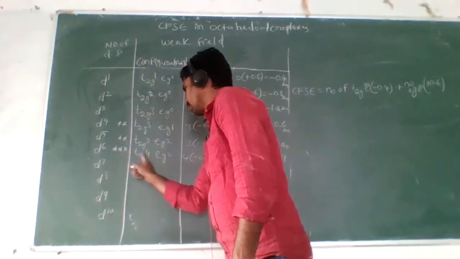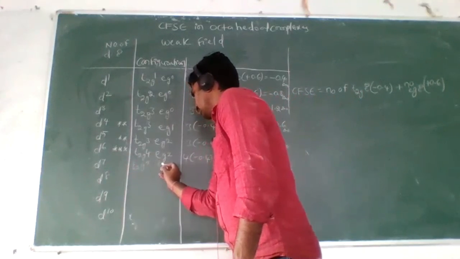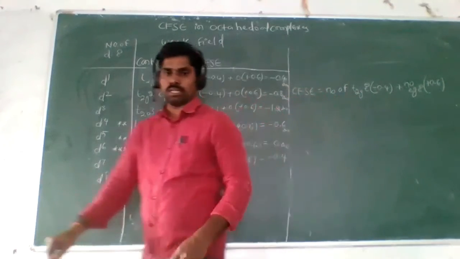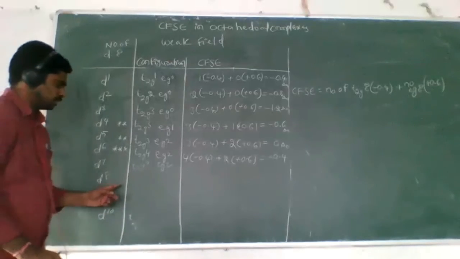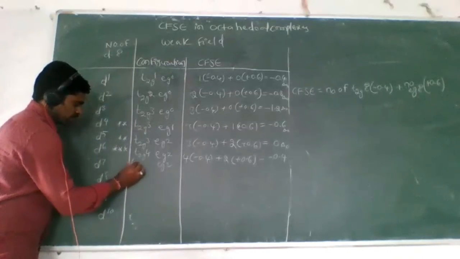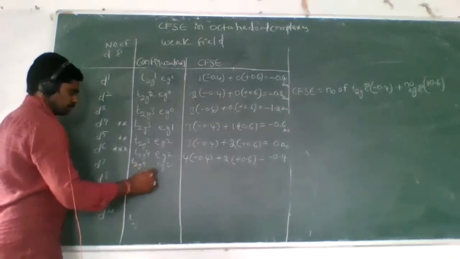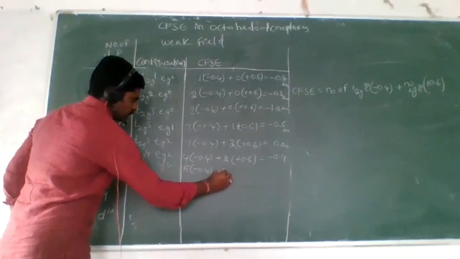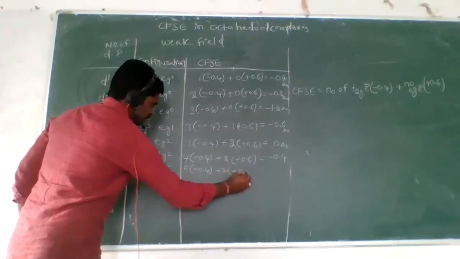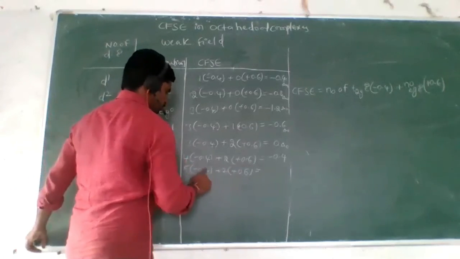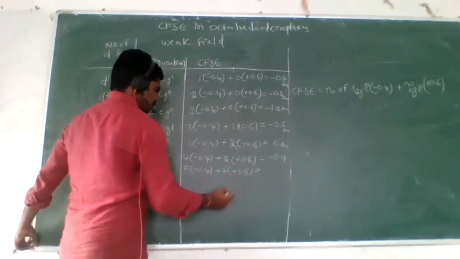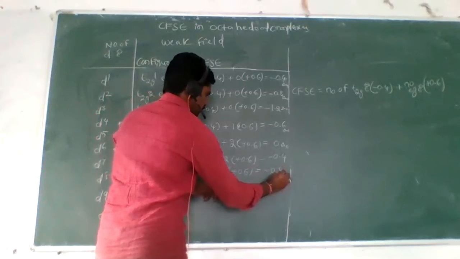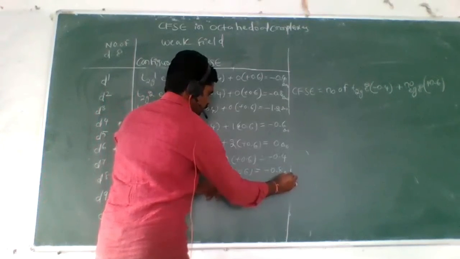t2g5 eg2. Look here, this one now. So 5 into minus 0.4 plus 2 into plus 0.6 equals 20 minus 12, so minus 0.8 delta naught.